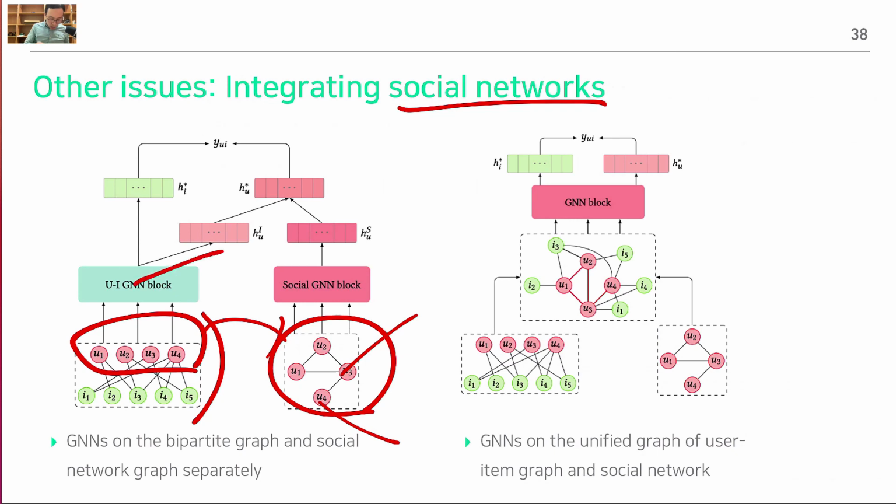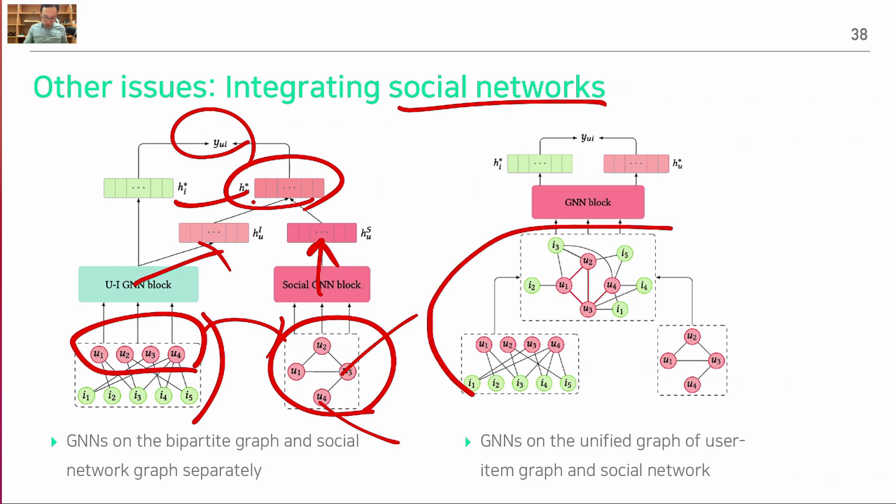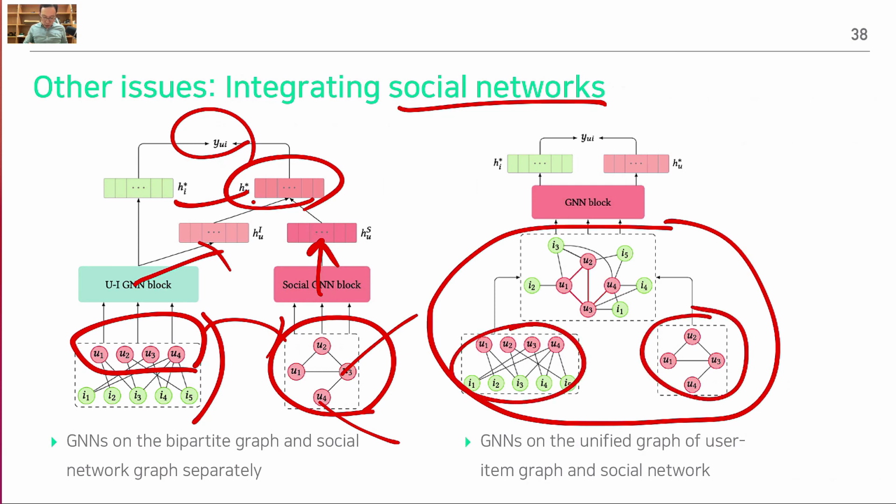The user's representation comes from these two, and we predict whether the user is likely to use the item or not. Another way is to combine those two different types of networks into one unified graph, run it through the GNN, and decide the final prediction.